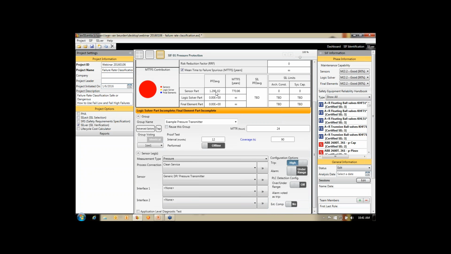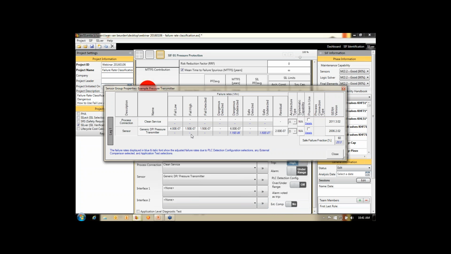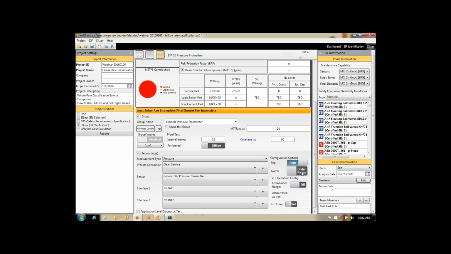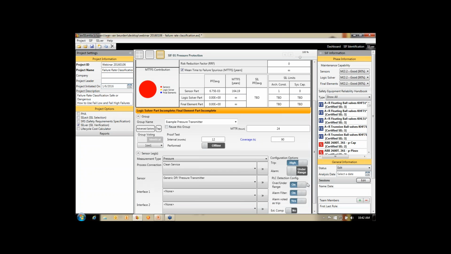Well, you see that all the knowledge that we have in the transmitter, where we drive the outputs to over range or under range, is kind of lost at that point, and you see that the probability of failure on demand is significantly higher than if I say, hey, I can detect those out-of-range signals. And in this case, based on the failure rates, it's a 2x difference.